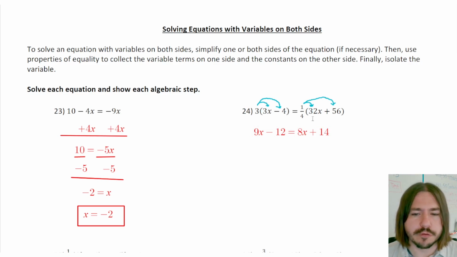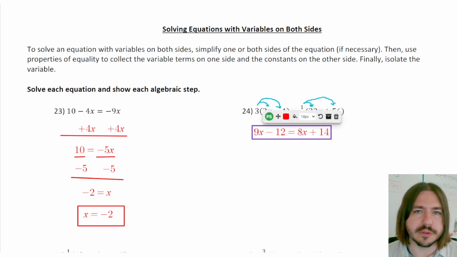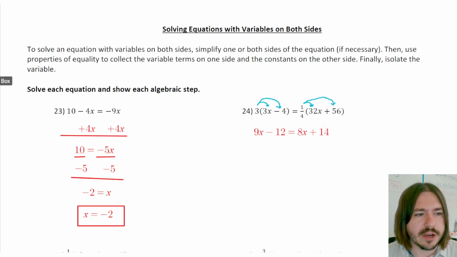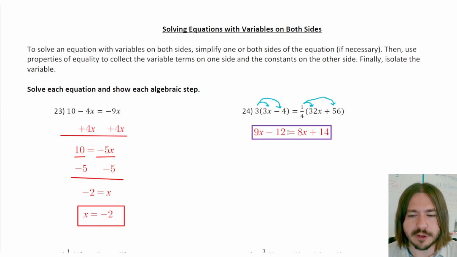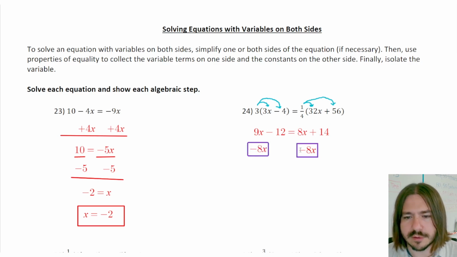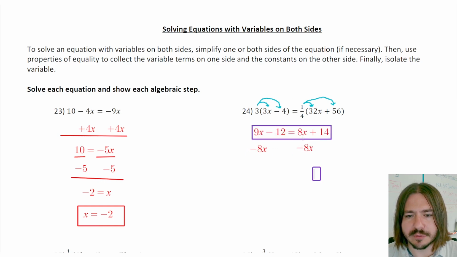Now I just need to move terms around to get the variables on the same side. So I'm going to do both of these steps at the same time here. Because basically what I want to do is collect my constants here on the right side and my linear terms on the left side. So to do that, I'm going to subtract 8x from both sides to collect the x's on the left, because right here I'm going to cancel out these two x's.